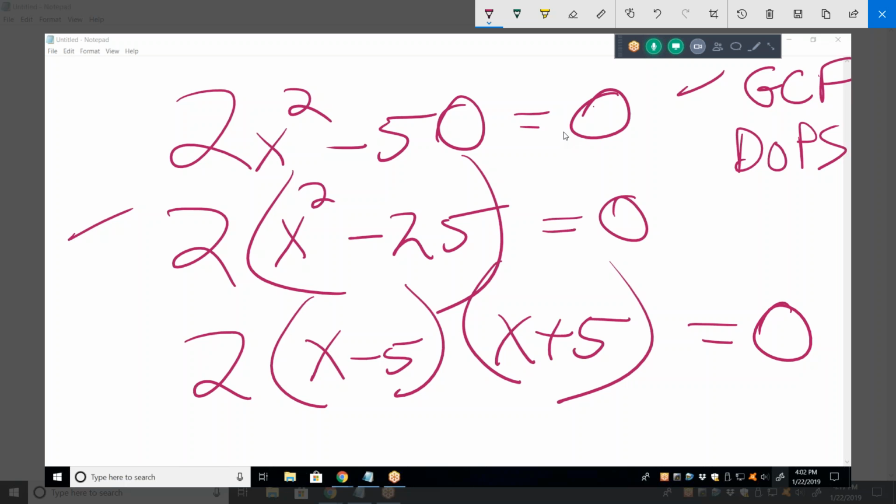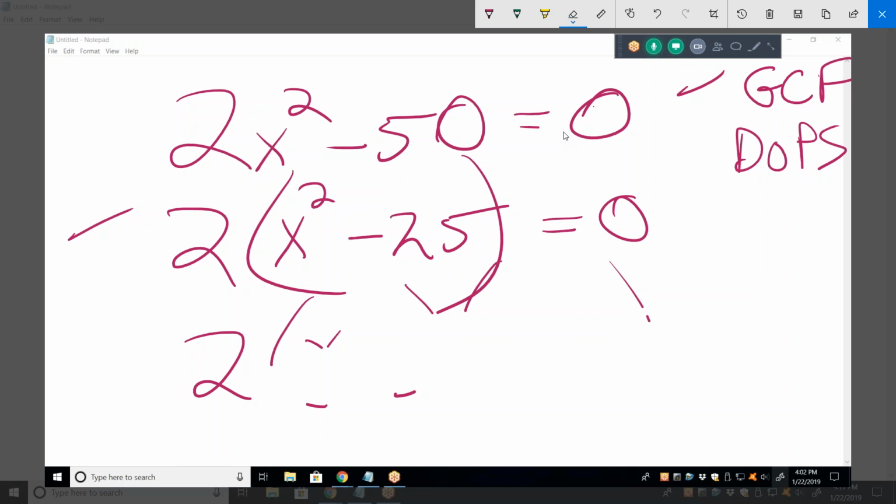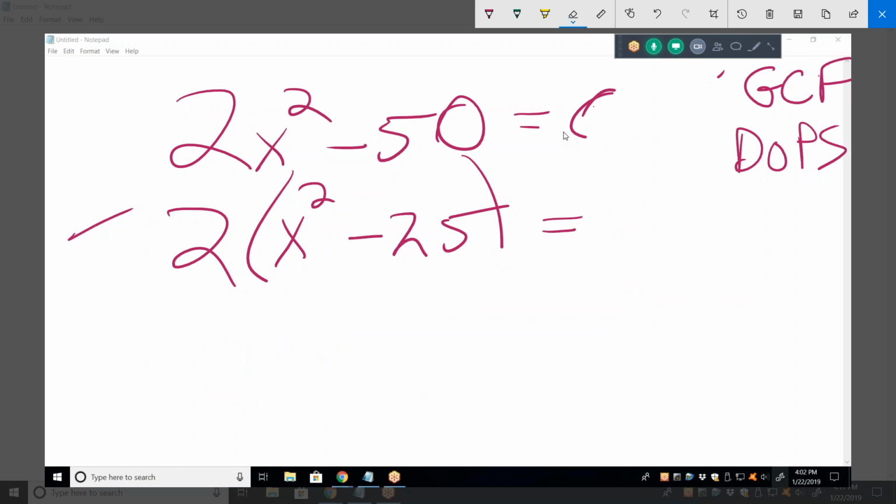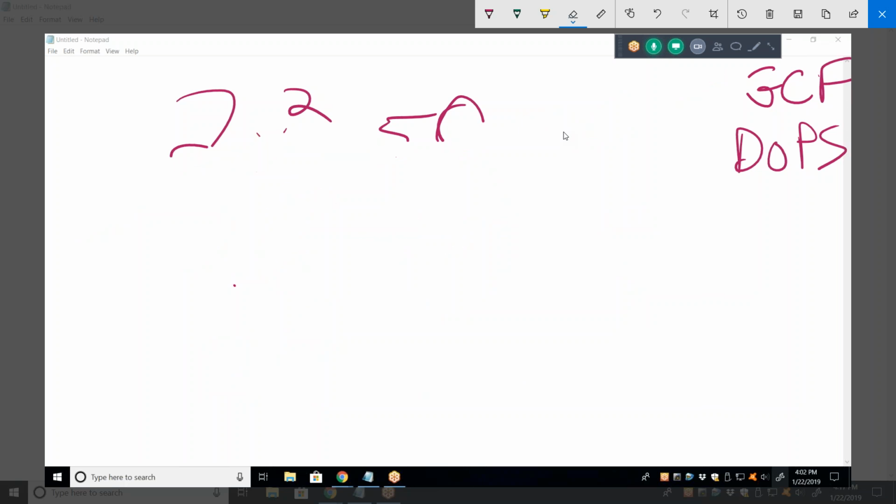I could divide both sides by 2, get rid of it, and then I have x minus 5 times x plus 5 equals 0. So, not a problem. Okay. So those are always the first 2 things to look for: greatest common factor and difference of perfect squares.